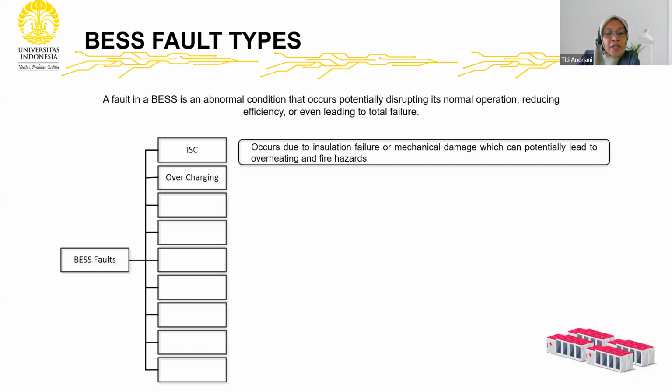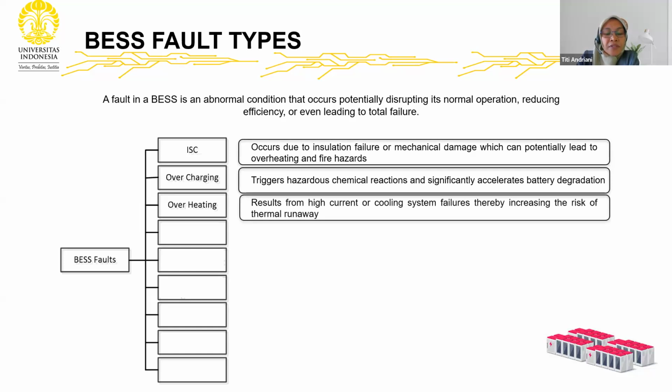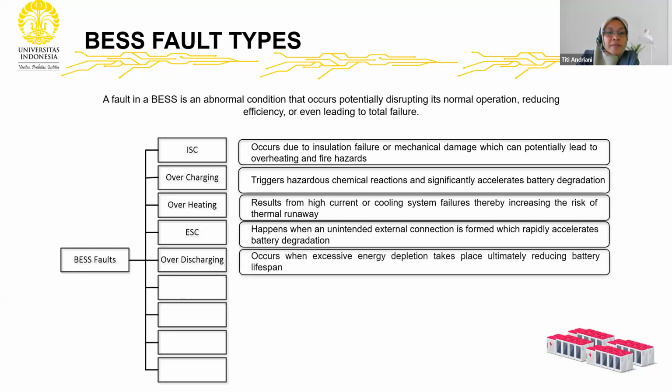Overcharging triggers hazardous chemical reactions and significantly accelerates battery degradation. Overheating results from high current or cooling system failure, thereby increasing the risk of thermal runaway. External short circuit happens when an unintended external connection is made, which rapidly accelerates battery degradation. Overdischarge occurs when extensive energy depletion takes place, ultimately reducing battery lifespan, and so on.